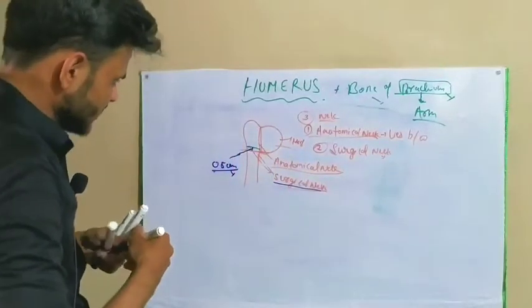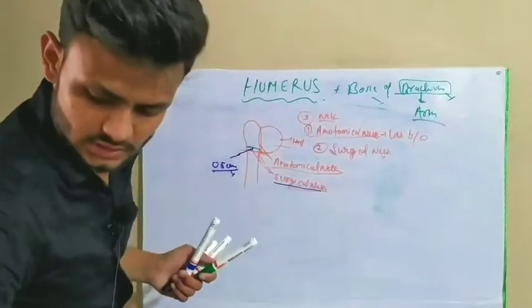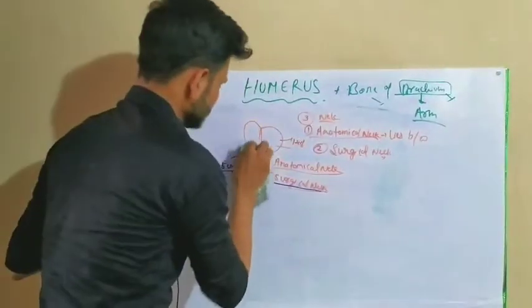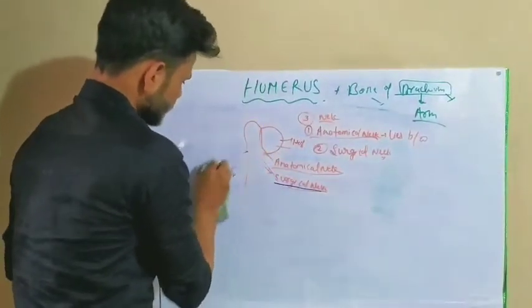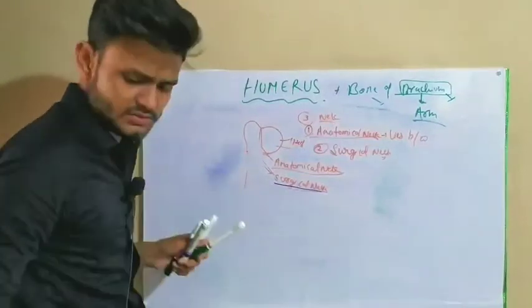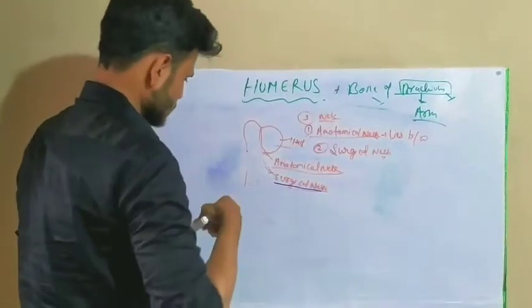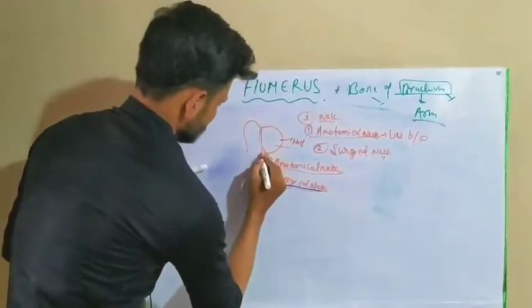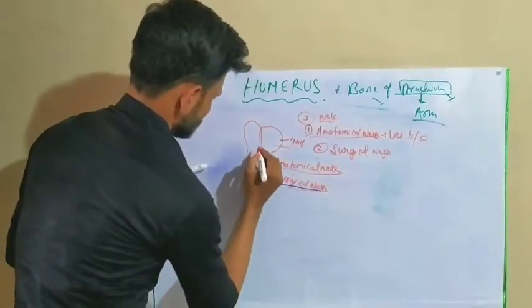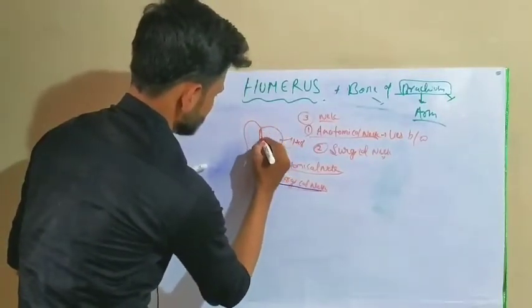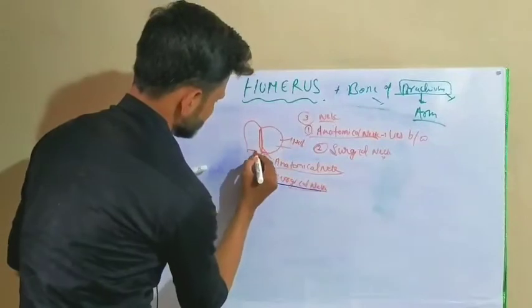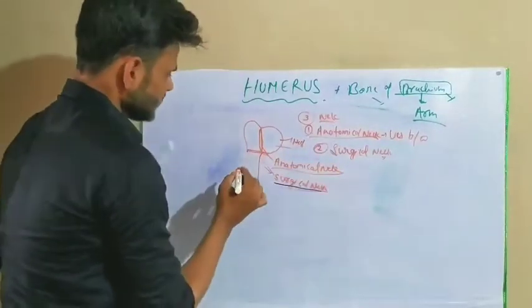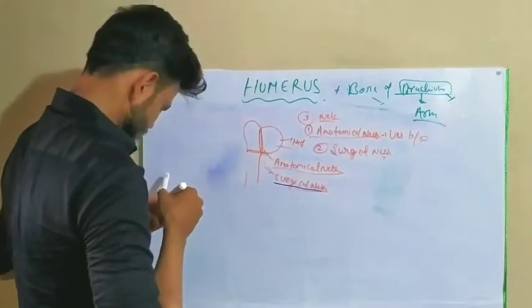Some structures are also found. This is the anatomical neck, this is the surgical neck, and there are tubercles.